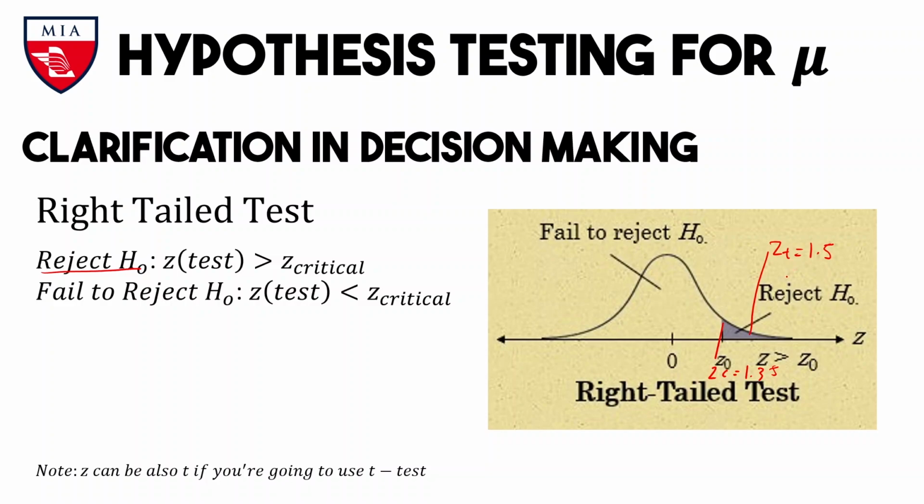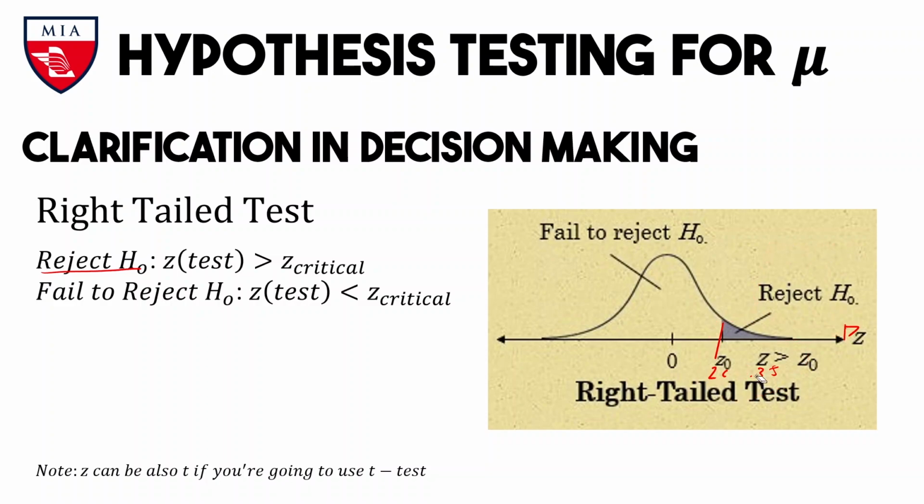If we have a right-tail test and the z-test is greater, it is inside the critical region, because all the values from 1.35 up to infinity are inside the critical region. Therefore we can reject the null hypothesis because the z-test value is inside the critical region. Okay, so let's erase this.